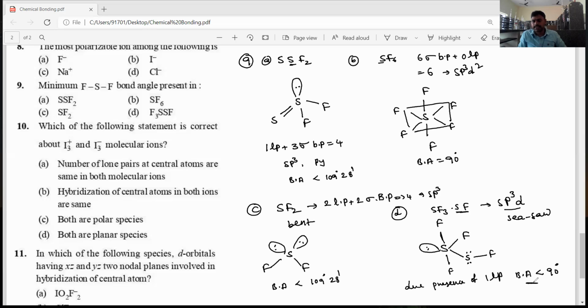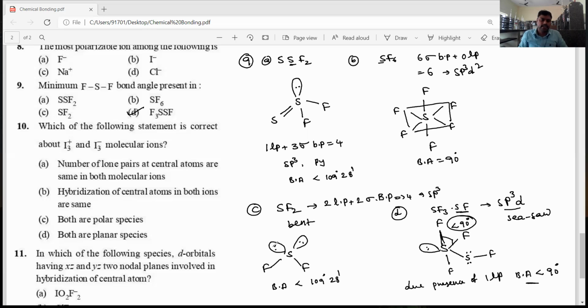The minimum bond angle is present in the D option. Okay, students, so the answer is D. So the minimum fluorine, sulfur, fluorine bond angle we need to identify, and this bond angle is less than 90 degrees.